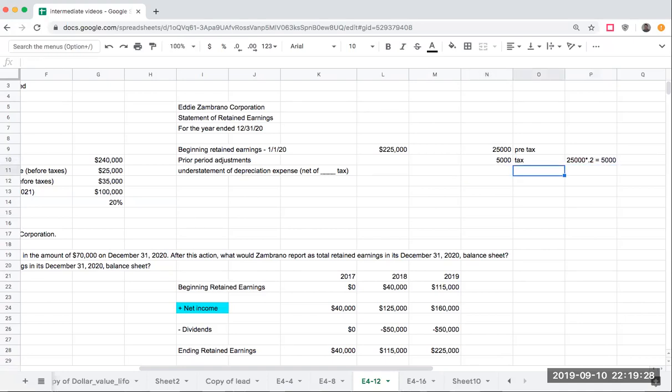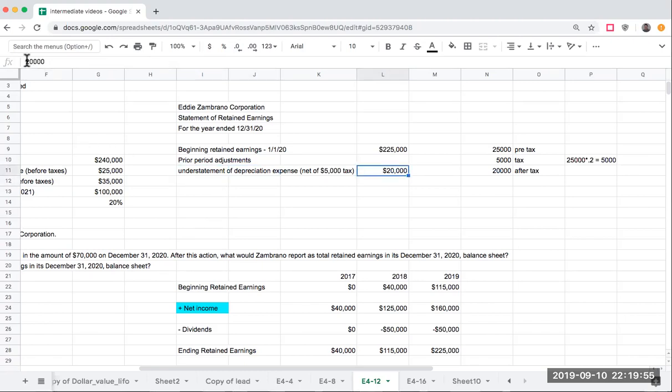So my after tax here for this adjustment is going to be 25,000 minus 5, or $20,000. So right over here, I'm going to write net of $5,000 tax. So this is how I'm coming up with this number right over here. So that's my first prior period adjustment.